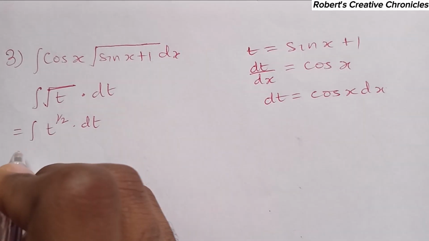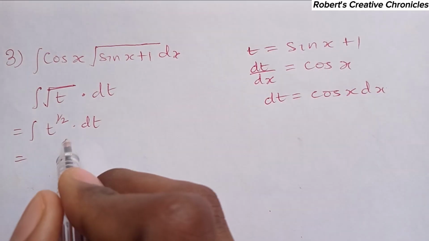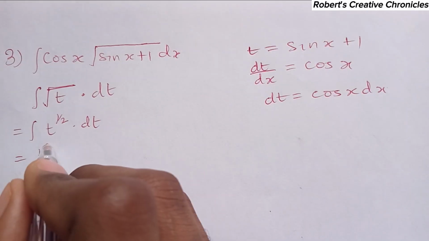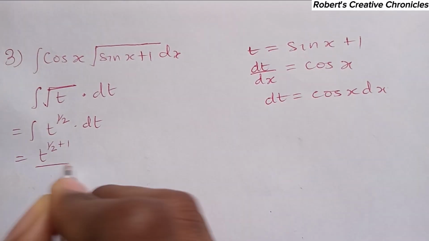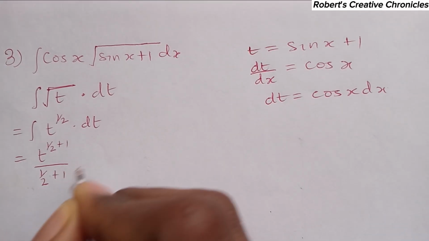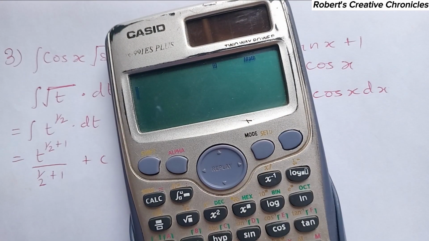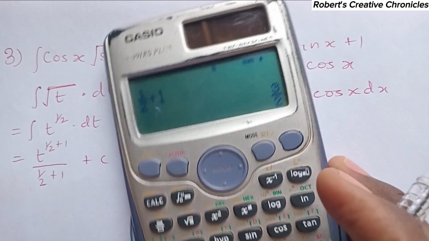Then to integrate this becomes t to the power of 1 over 2 plus 1, over 1 over 2 plus 1, plus c. So now what's 1 over 2 plus 1? 1 over 2 plus 1 is 3 over 2.